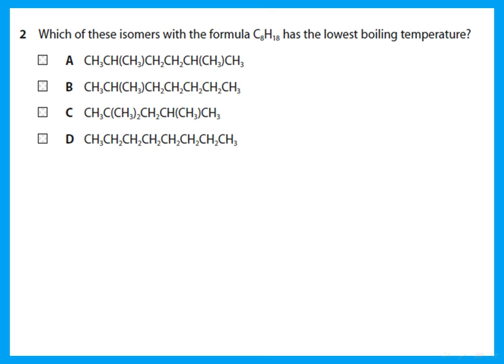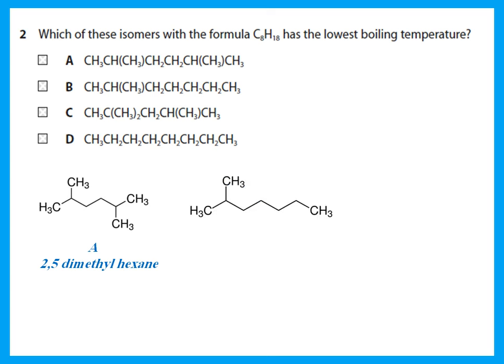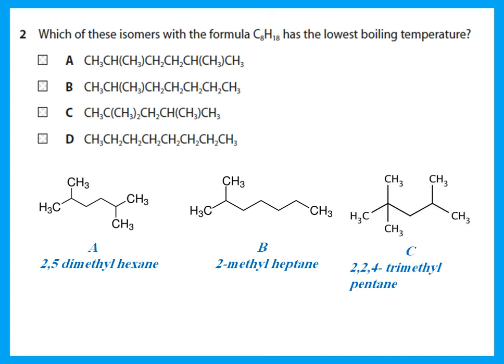So in order to do that, you either imagine what this looks like or draw it out. I prefer to draw it out. So this is the structure in A. This is what we call 2,5-dimethyl hexane. This is structure B if you try to draw it. This is structure C, and this is structure D. Now, which of these has more branching?